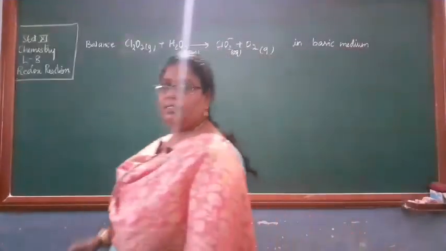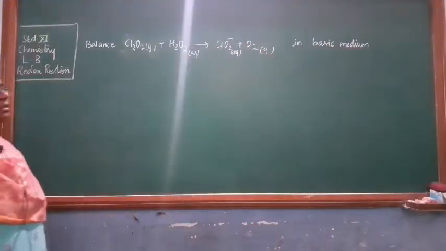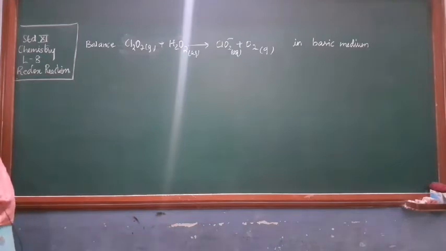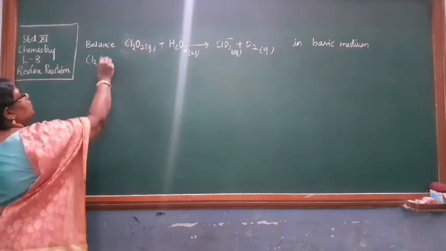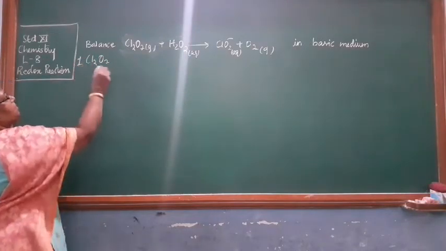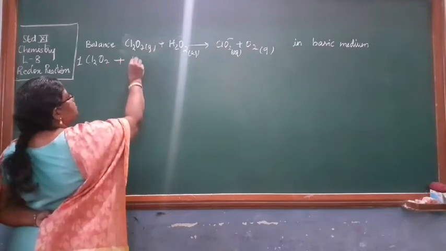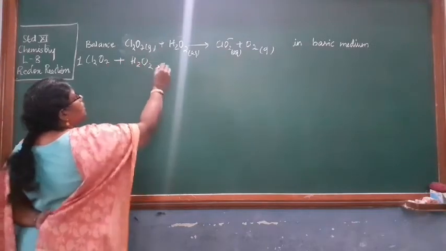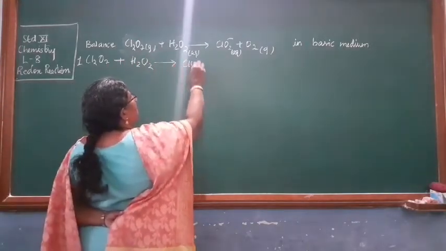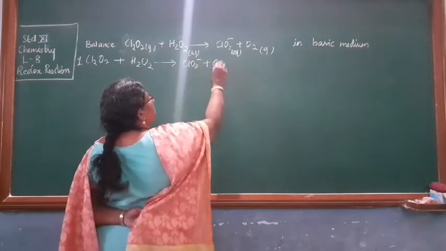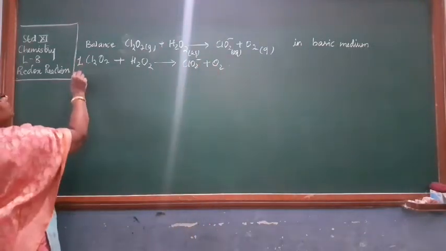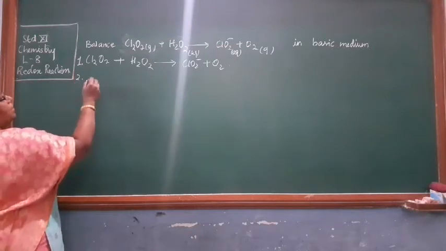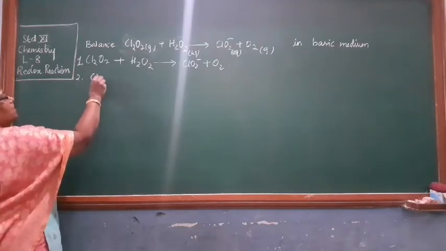Now you have to balance this equation in the basic medium by the ion electron method. Okay, so we will do this also. Cl2O7 is the first step, plus H2O2 giving ClO2 minus plus O2. We wrote that first, okay. Second step, we will assign oxidation numbers.